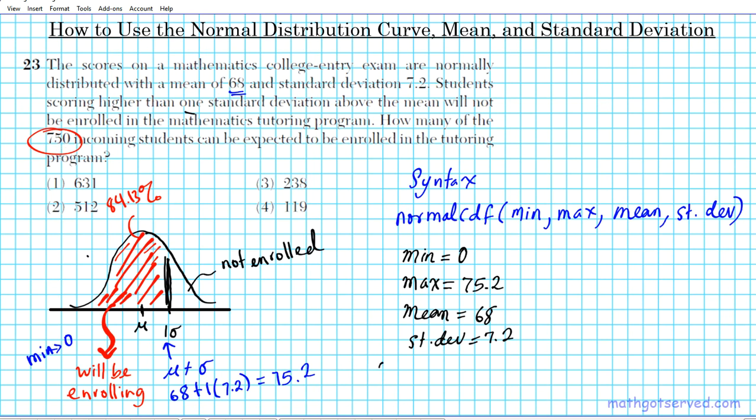Okay, so the number enrolled in tutoring is basically 84.13% of the total. All right, so 84.13% is 0.8413, basically what we saw in the calculator. And then just multiply that by the total number of students, which is 750.